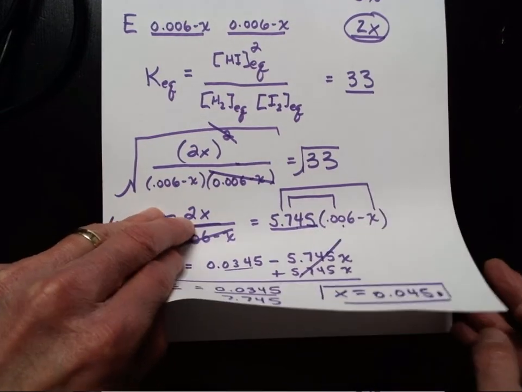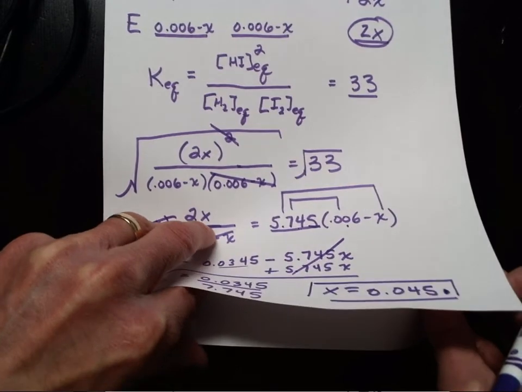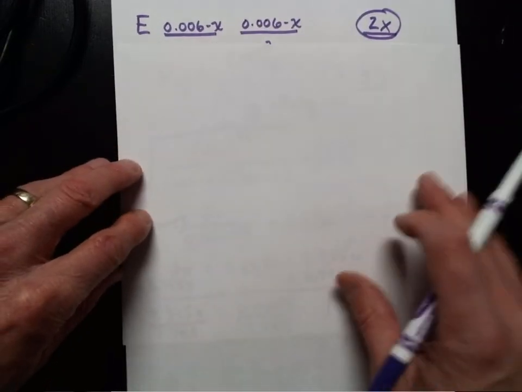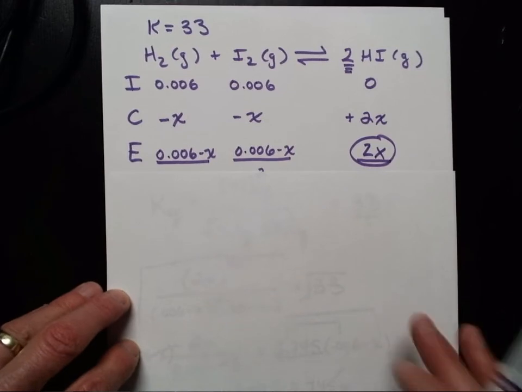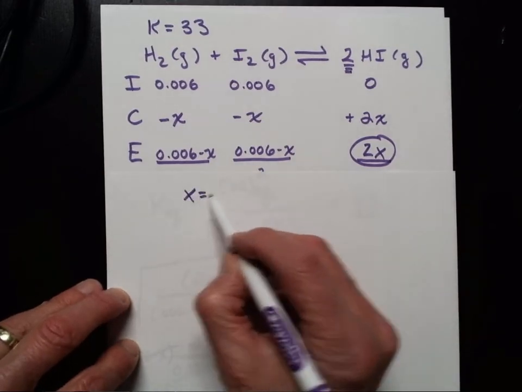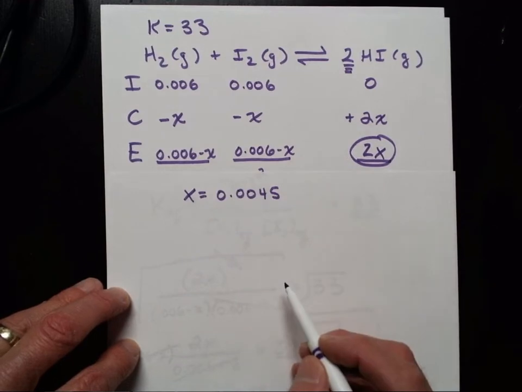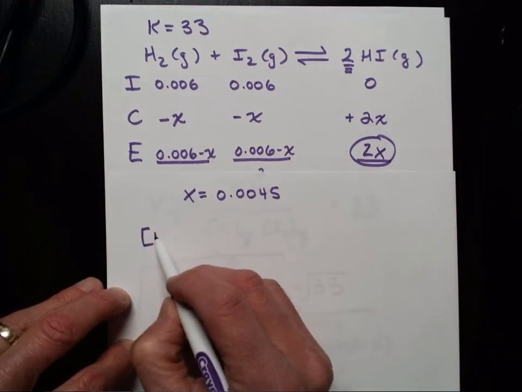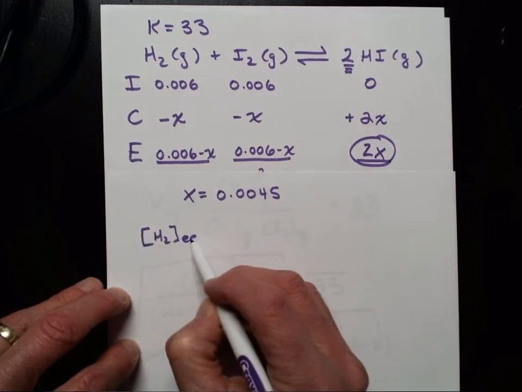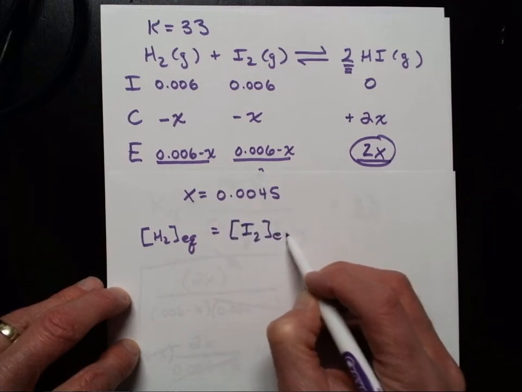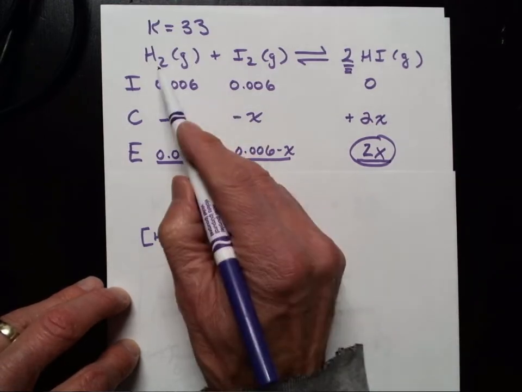So, let's get there. All right, we found x to be 0.0045. Notice that the equilibrium concentration of hydrogen is the same as the equilibrium concentration of iodine.